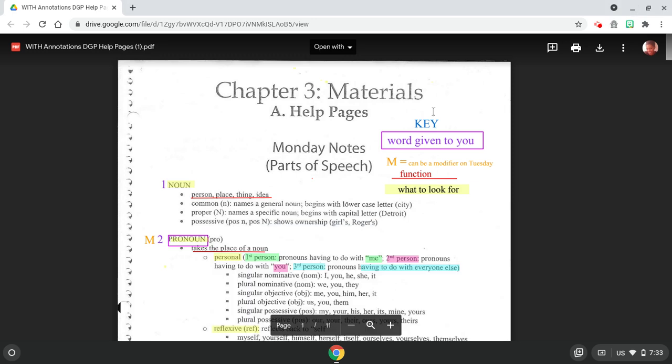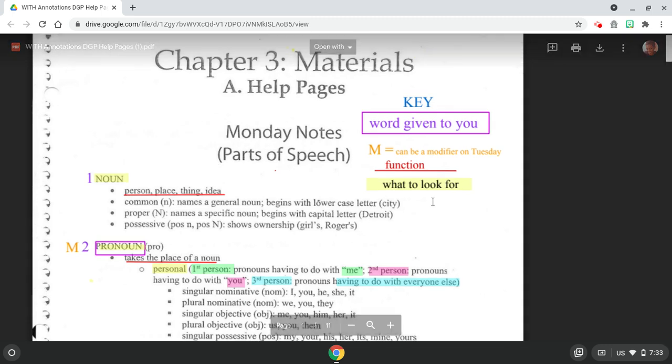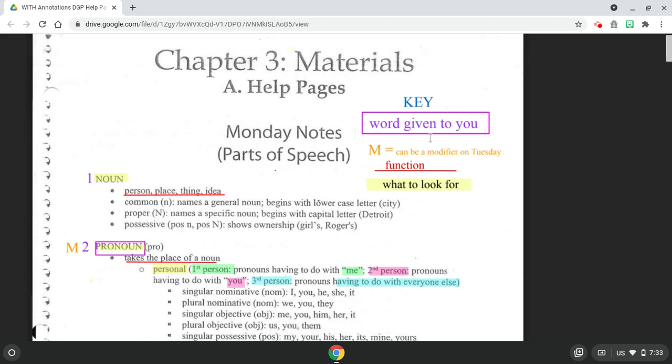Actually, I can show you what our notes will look like. If you see right here, when we're done, we're going to have a key at the top of our page. And a key is basically like a legend, something that tells you what everything means. So these are called cheat codes for me. We're going to see that what I've highlighted, that's what we're looking for. If you see a red underline, that's going to show you the function.